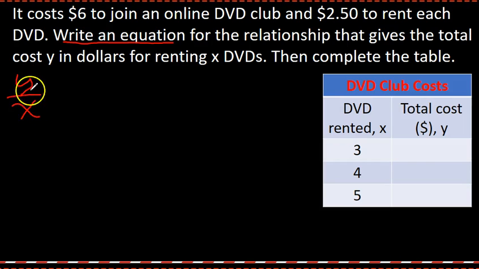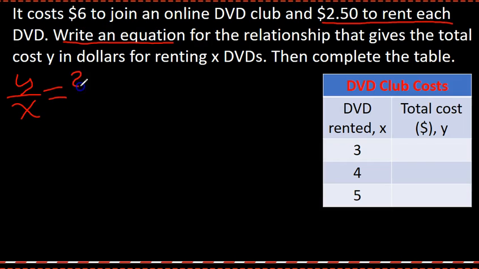So maybe if we write this as a ratio, this is the rate of renting the video. It is $2.50 to rent one, so it's 2.50 over 1.